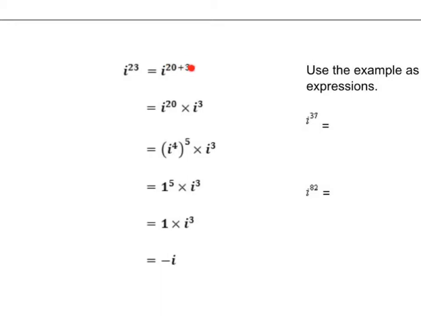So when I have the sum of two exponents, that means I have i to the 20th times i cubed. Well, i to the 20th can be rewritten as i to the fourth raised to the fifth power. And i to the fourth we know is just 1, so 1 to the fifth is just 1, and then we have i cubed. Well, i cubed we know is -i. So i to the 23rd essentially is equal to just -i when you evaluate it.